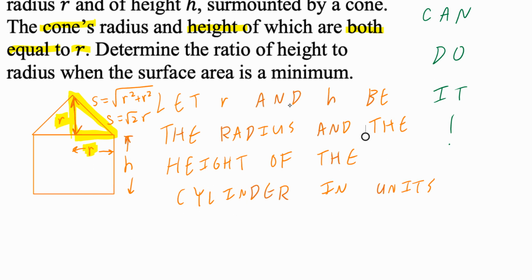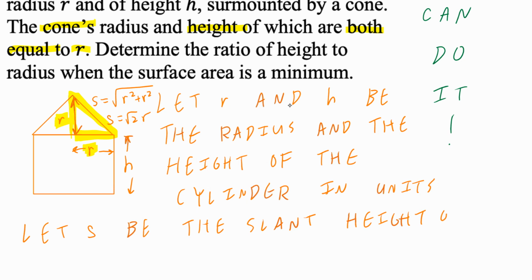Let S be the slant height of the cone in units. And again, to be very clear, this is a two-dimensional diagram, a side view of the cone and the cylinder.